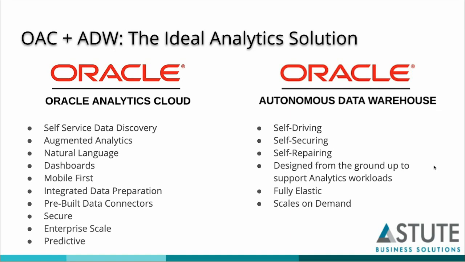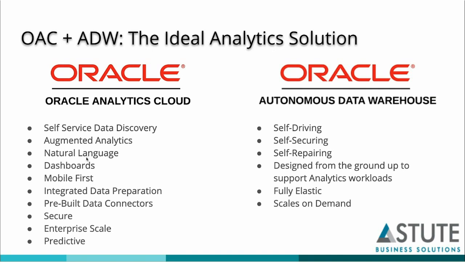But again, this slide is really just to try and talk a little bit about some of the value that you're going to get right out of the box with the solutions. We've talked about autonomous, just a few of these things on Oracle Analytics Cloud. Self-service data discovery, augmented analytics, natural language querying, and report writing.